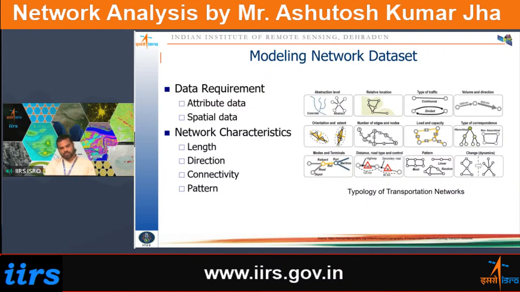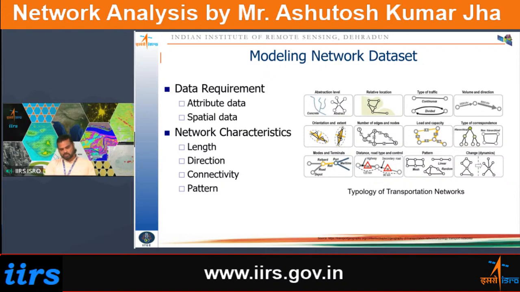Those attribute data, you can think of it as each line segment or node having additional information, like what is the capacity of a particular road, what is the weight, what is the average travel time from one place to another, and so on. Similarly, you can also have attribute information at different node junctions.